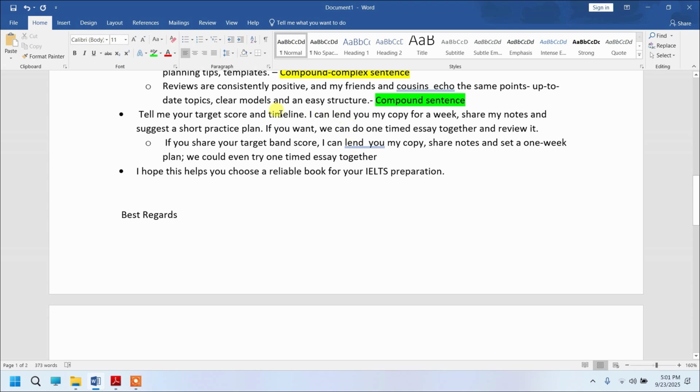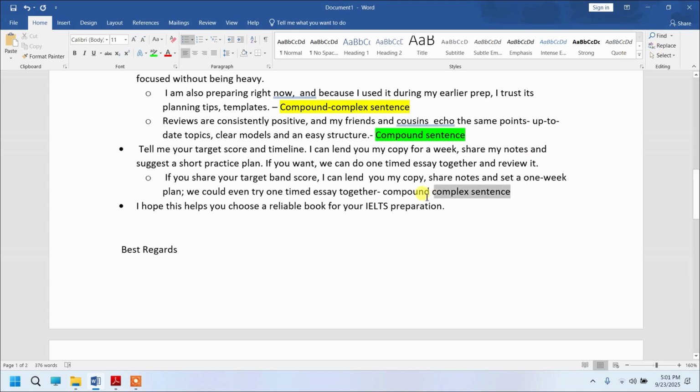Tell me your target score. These two were simple. So this is complex, we could. Now this is compound complex. So this is your compound complex sentence. Let me highlight it with this one so that you know what it is. This one is compound complex, and the final one is simple only, because there is just one dependent clause. So this is your simple sentence.